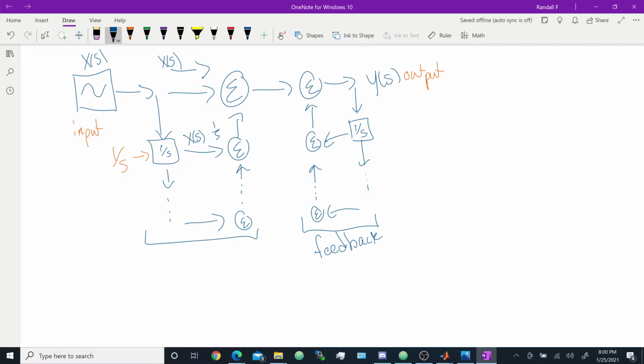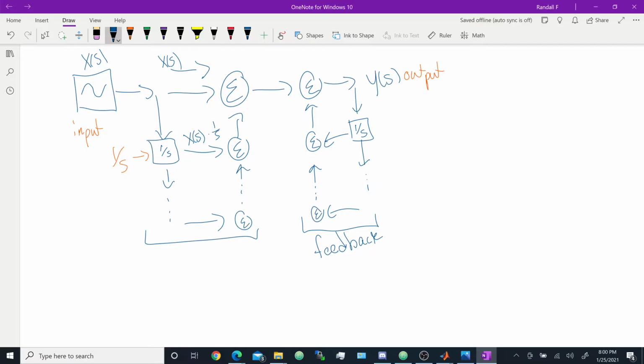But in terms of our equation right here, y of s is equal to x of s times 1 over 2s minus y of s over 1 over 2s, and so on. So let me use a different color. X of s, so we have our input into the system. First, I like to draw it out like it is above.